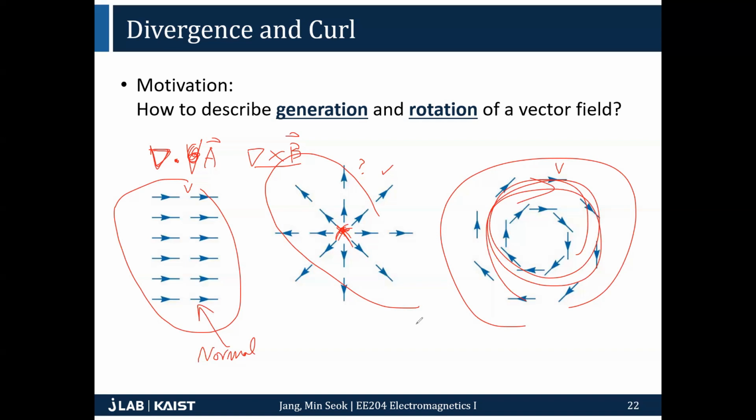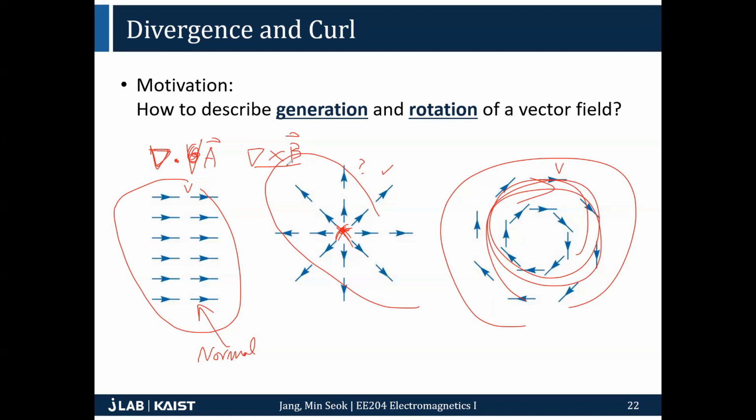How much a vector field is being generated, and how much it is rotating, can be described by divergence and curl. You will see why this is the case in the next lectures.